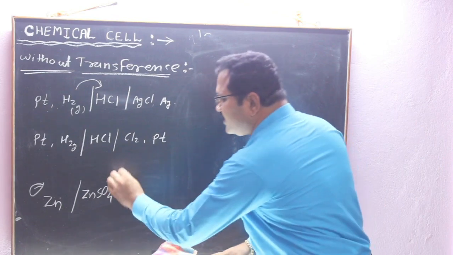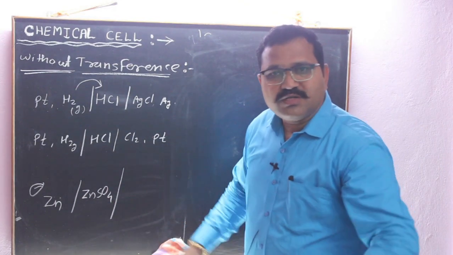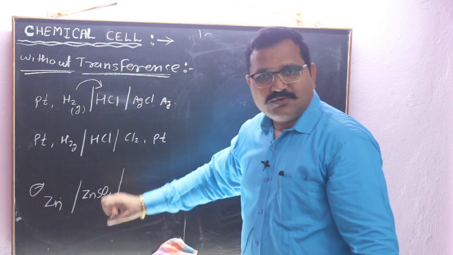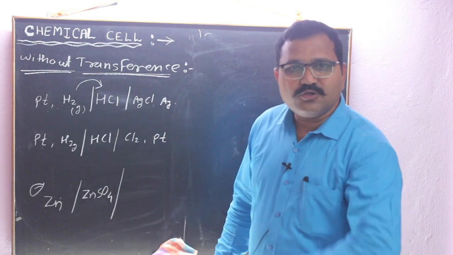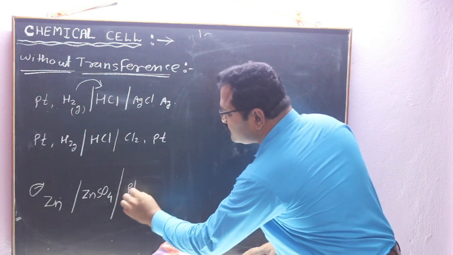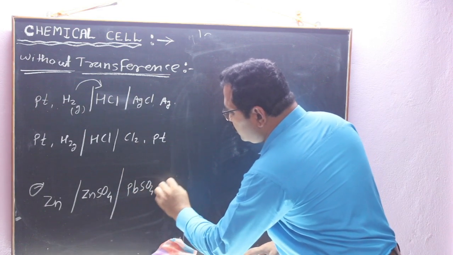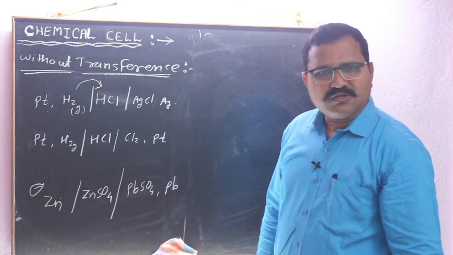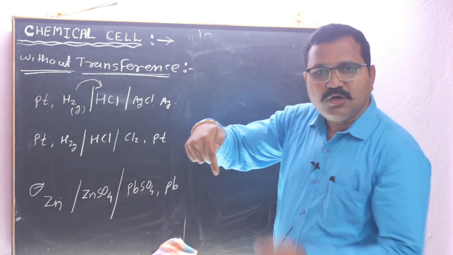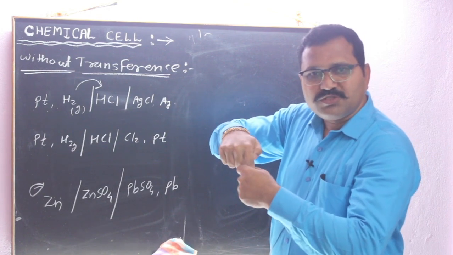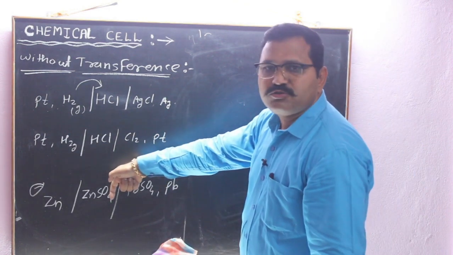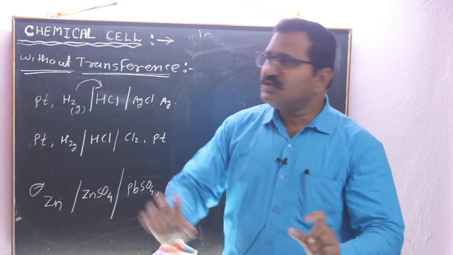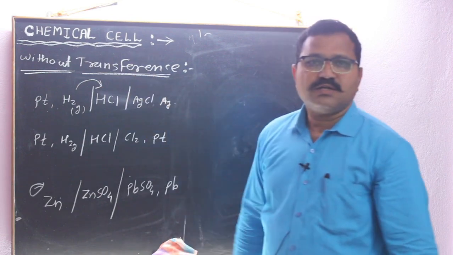Now another electrode should be reversible to the SO4 ions. Here we will take a sparingly soluble salt electrode like PbSO4, Pb. This PbSO4 is a sparingly soluble salt. Take a lead electrode. On that lead electrode, PbSO4 is deposited and it is dipped in ZnSO4 solution. Another zinc electrode is dipped in ZnSO4 solution. This will form a chemical cell without transference.